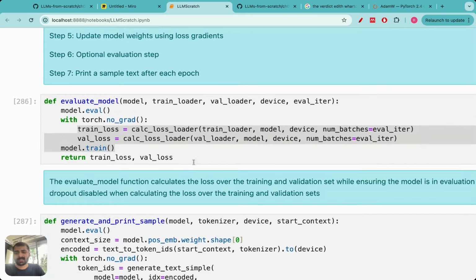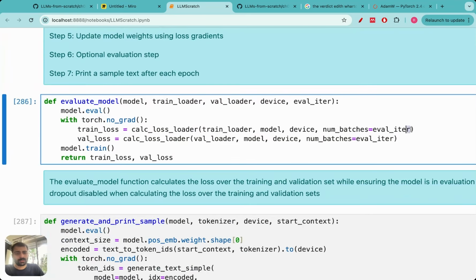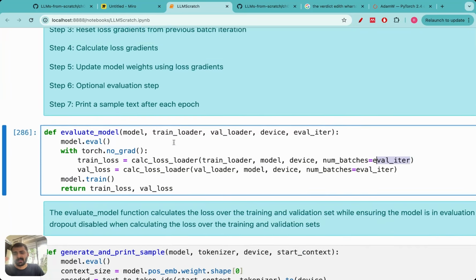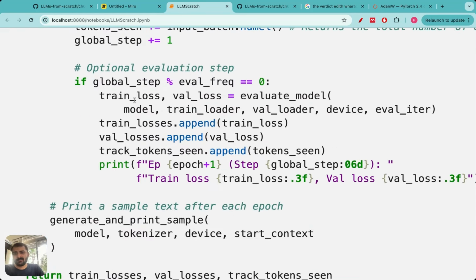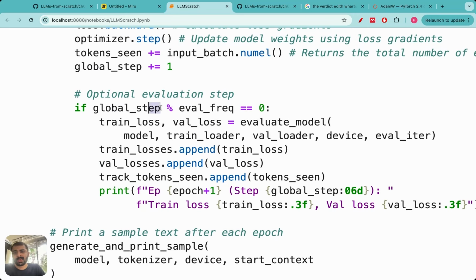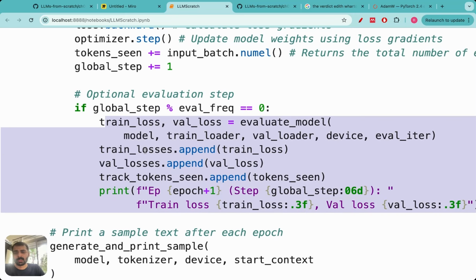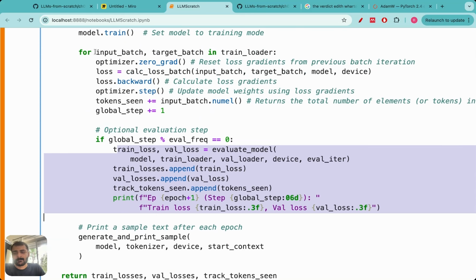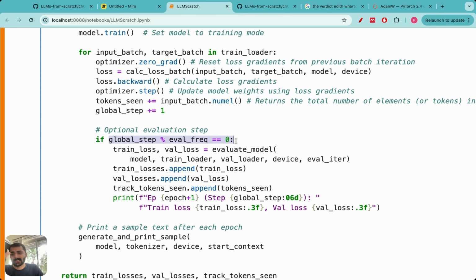Here I will set the evaluation frequency to be equal to 5, which means that after every 5 batches are processed, only then I will show the training and the validation loss. So remember what is happening here. When one batch is processed, global step will be 1. When the second batch is processed, global step will be 2. Now if the evaluation frequency is 5, this will be 0 only when global step is equal to 5, right?